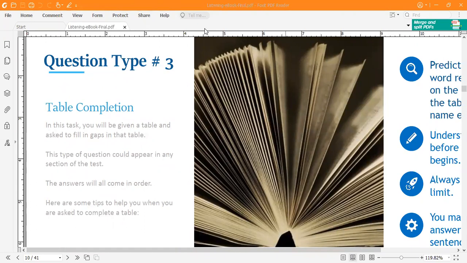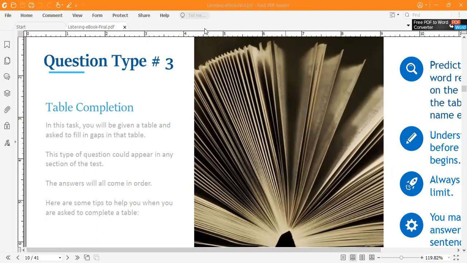We said that sometimes they are going to use some tricks in order to make you pick a word, maybe the first answer, and then you will be surprised that your answer is incorrect. And we said also that the three choices are going to be mentioned in listening, maybe three or two choices. So the first thing that you might hear is not the correct answer.